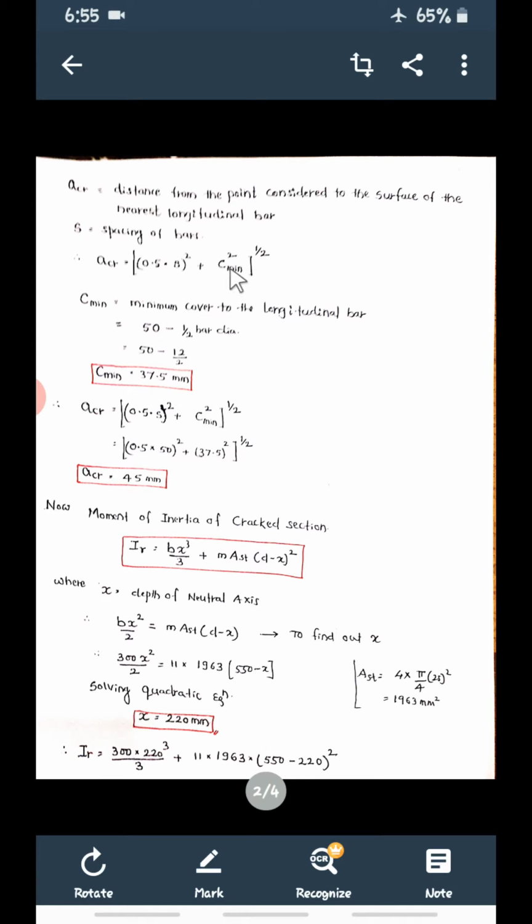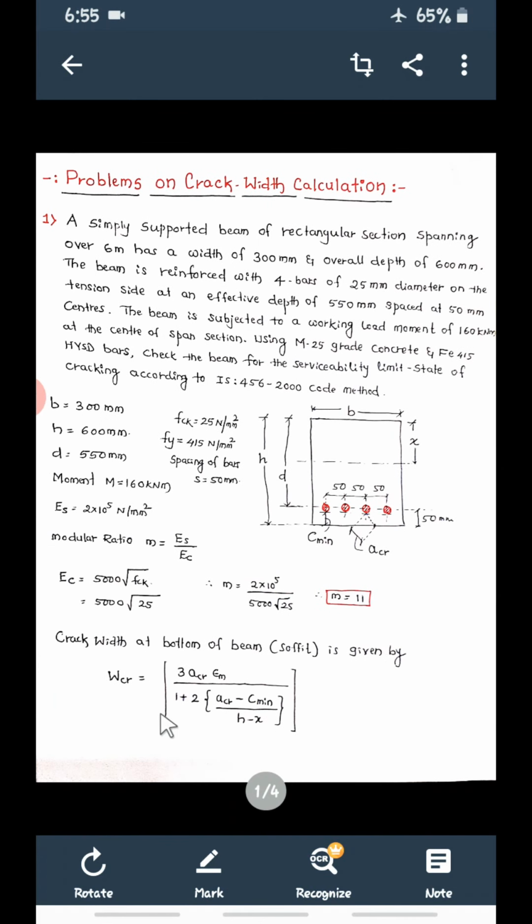So s is known, c minimum is known, calculate acr. So acr is equal to 0.5 s whole square plus c minimum square raised to half. Substitute the values of s and c minimum, and we will get acr. So this acr we have calculated, and c minimum is known now.